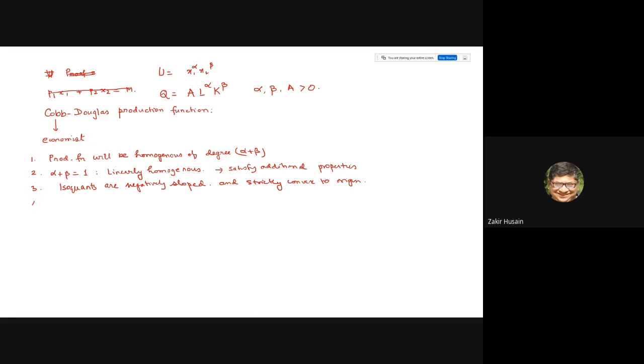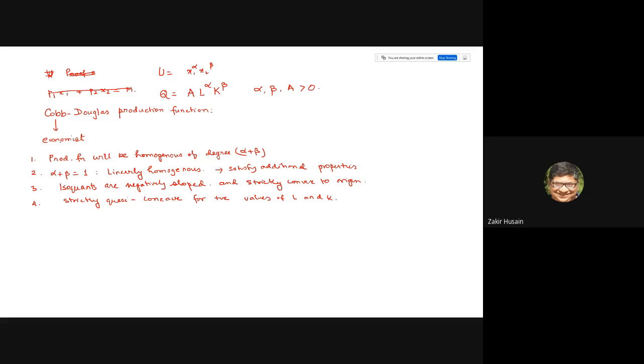And 4, it is strictly quasi-concave for positive values of labor and capital.